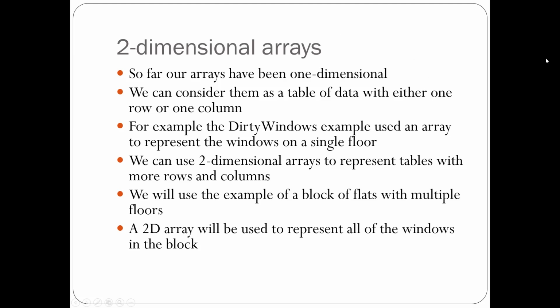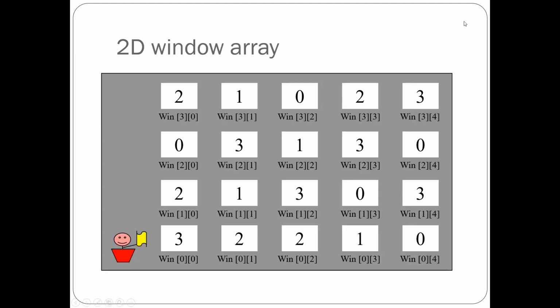So we can represent a two-dimensional array a little bit like this. And as you can see, we've got 4 floors, each floor containing 5 windows. Underneath each of the windows, we've actually got the representation of row number and column number.